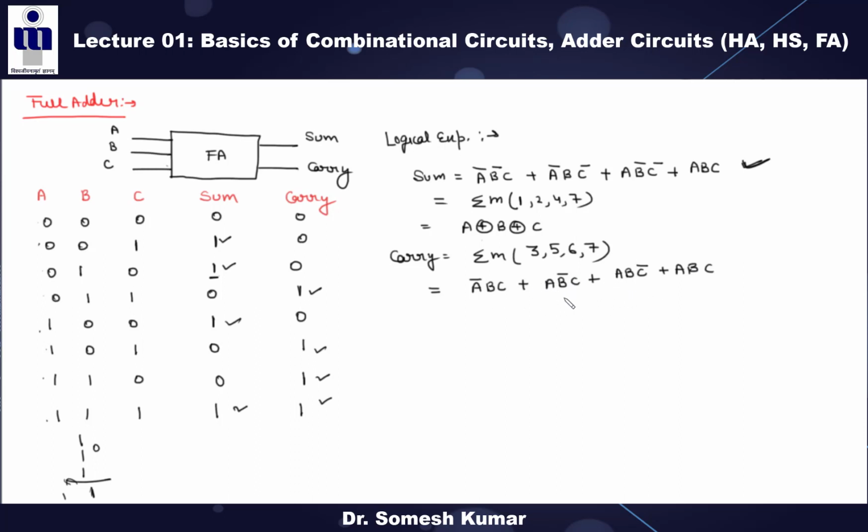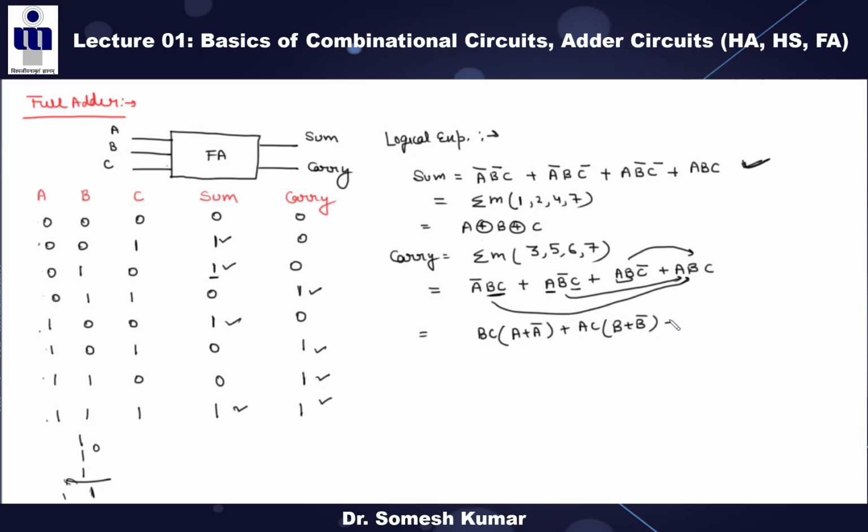Now tell me, if I take BC common from this and this statement, AC common from this and this statement, and AB common from this and this statement, what is the output? If I take BC common, inside is A plus A bar. If I take AC common, what is inside?